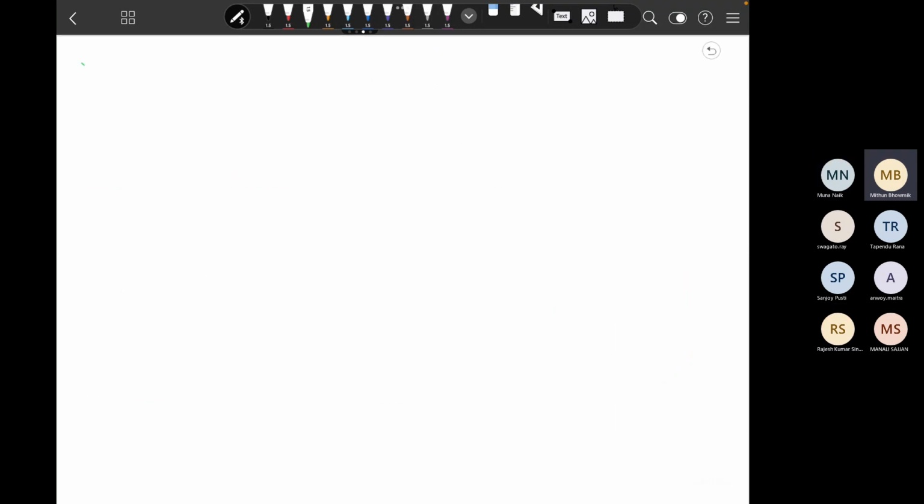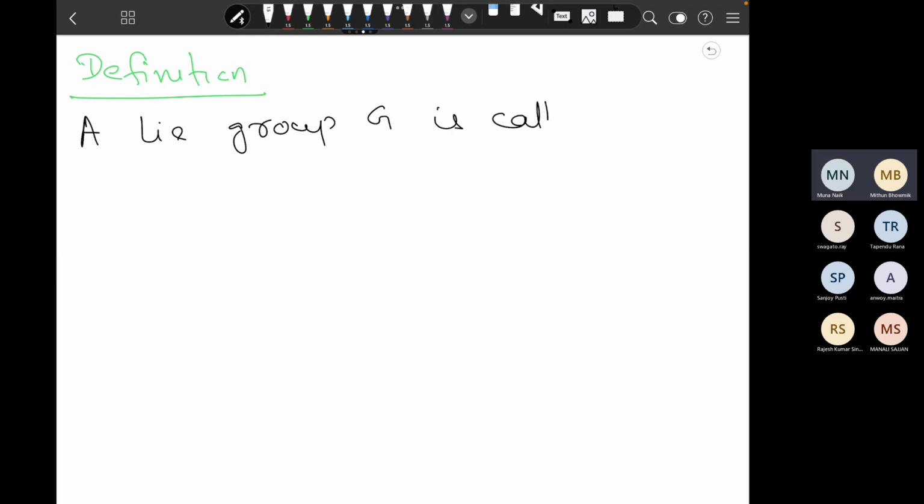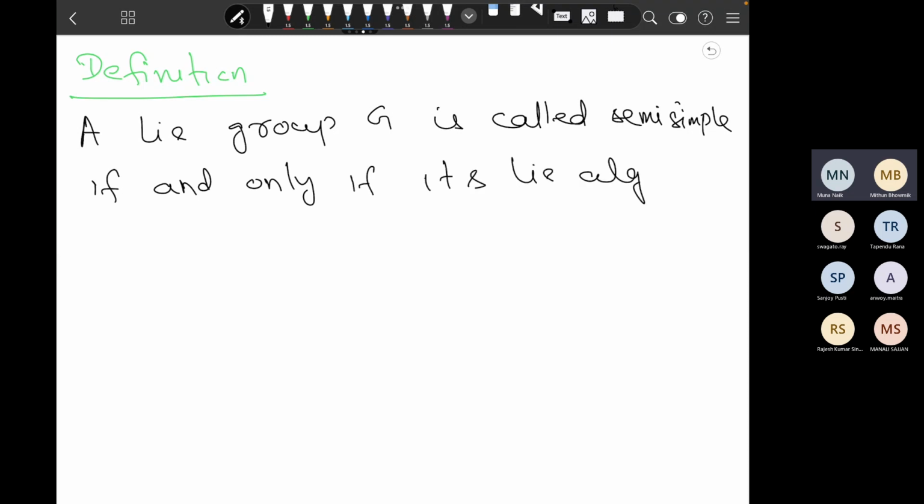Now definition. A Lie group G is called semi-simple if and only if its Lie algebra G is semi-simple.